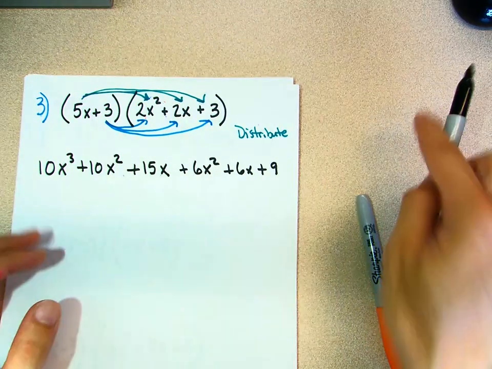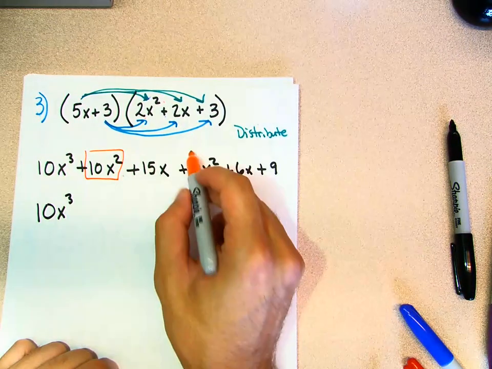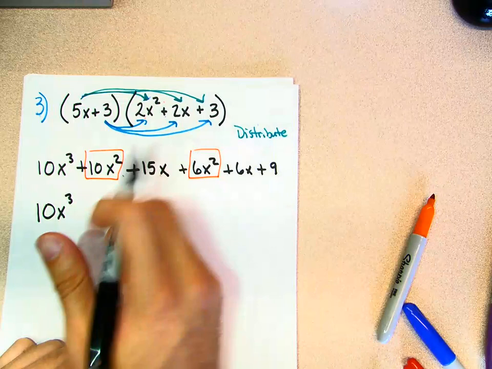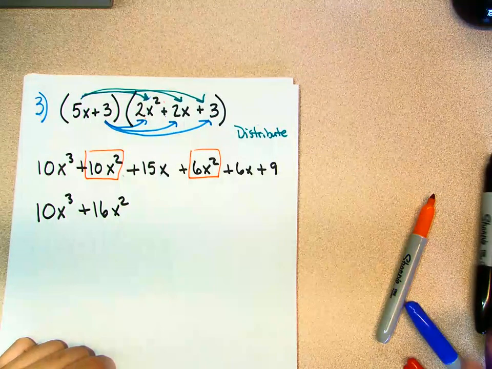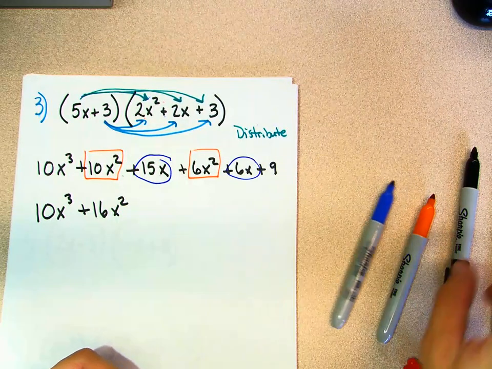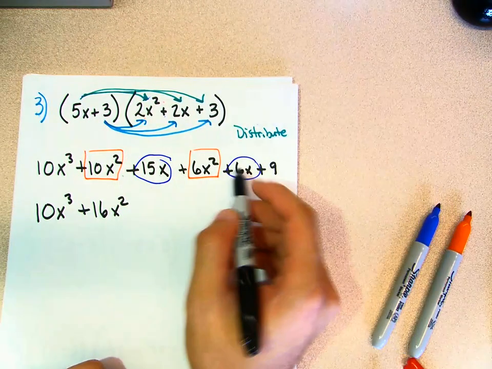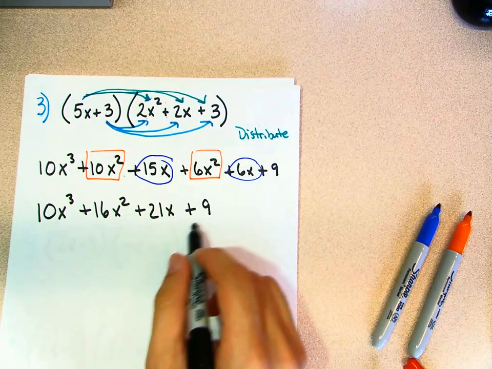Here, the 10x cubed goes first. And then which other terms can we combine? We can combine this one and this one. 10 plus 6 is 16x squared. Then the 15x and the 6x, 15x plus 6x is 21x. Then plus the 9. And that's it.